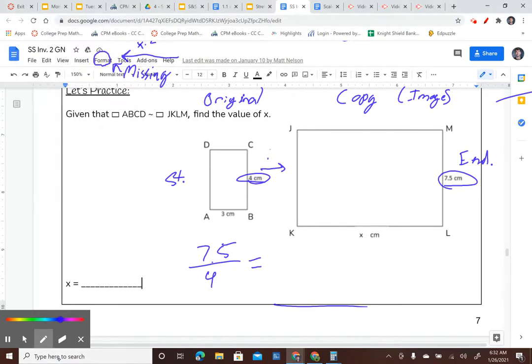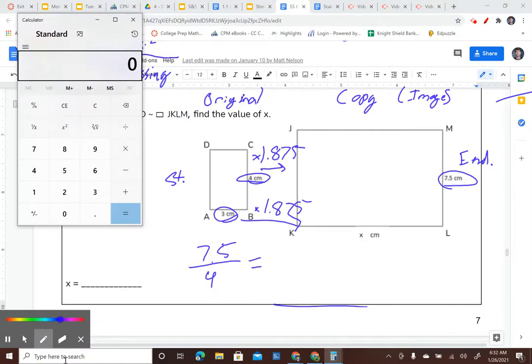So we have to multiply by 1.875 to get from our original figure to our second figure, our copy. So we're going to do the same thing with 3. We're going to have to multiply it by 1.875.